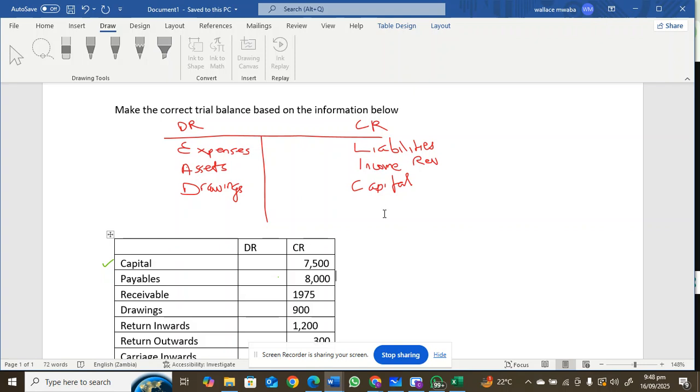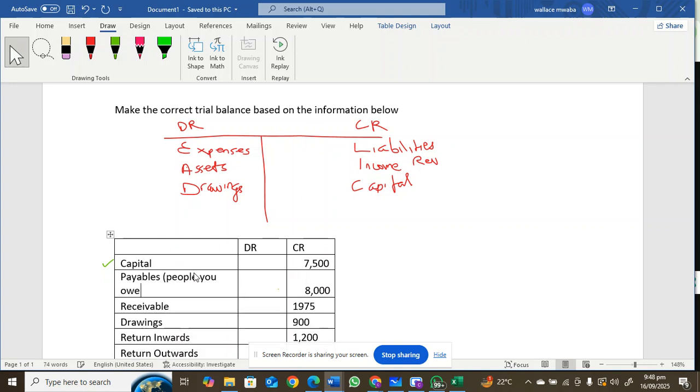No, they're not an expense. They're assets. Yes. Receivables, people who owe you money. Oh, actually, receivable is the money that's owed to you.